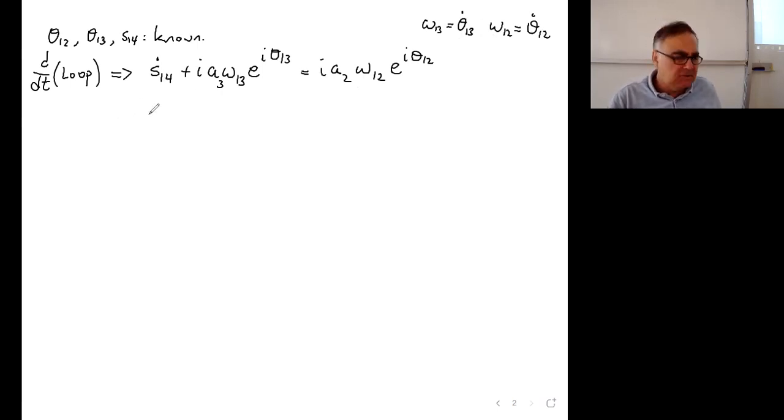Okay, this is the normal equation, the regular one. The conjugate of that is still valid.